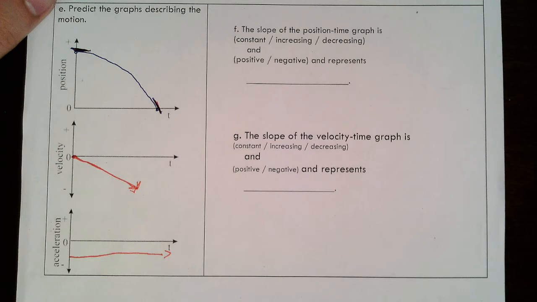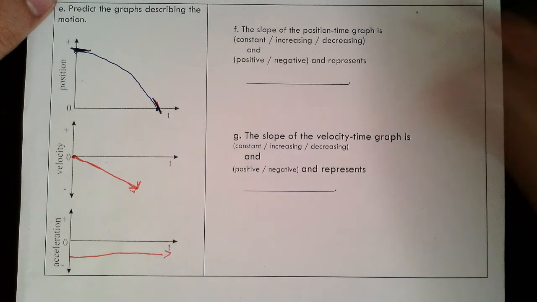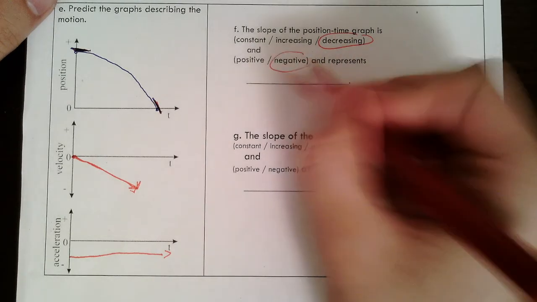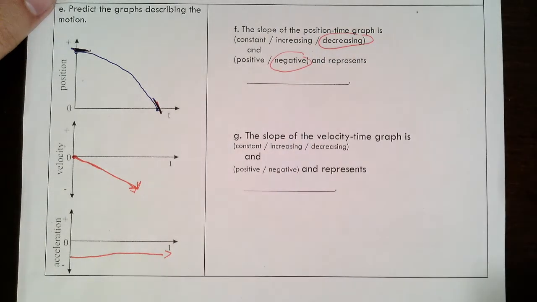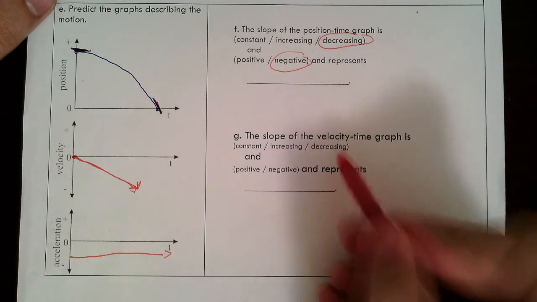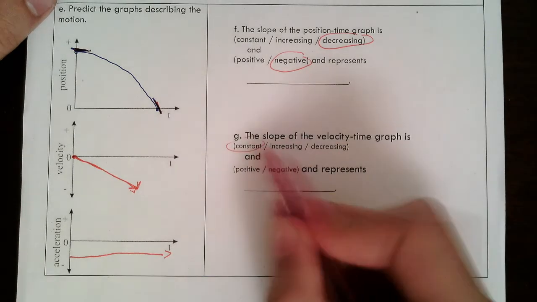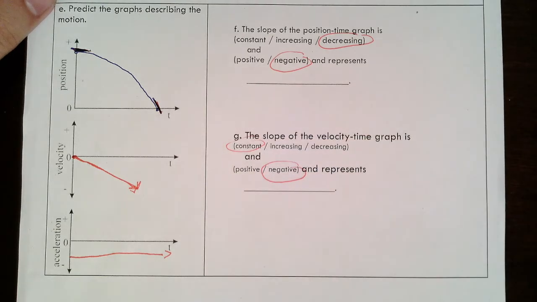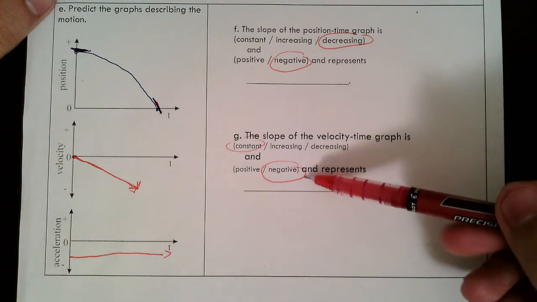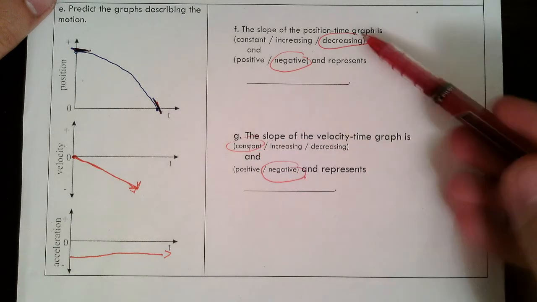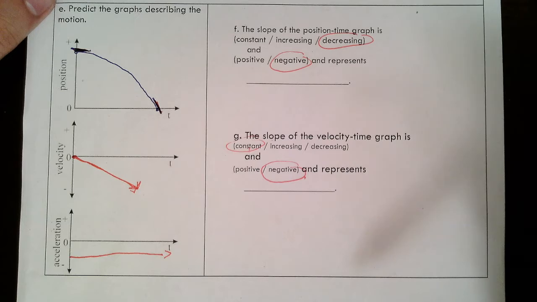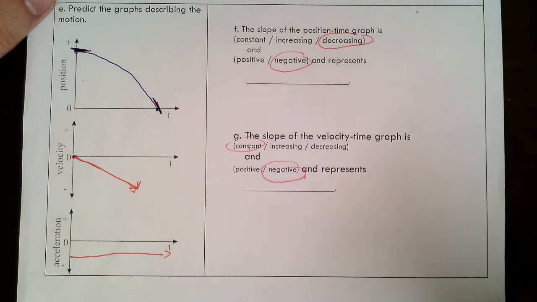The slope of the position versus time is decreasing and it's negative. The slope of the velocity versus time is constant and it's negative. So I have a negative acceleration that's constant, and I have a decreasing negative velocity.